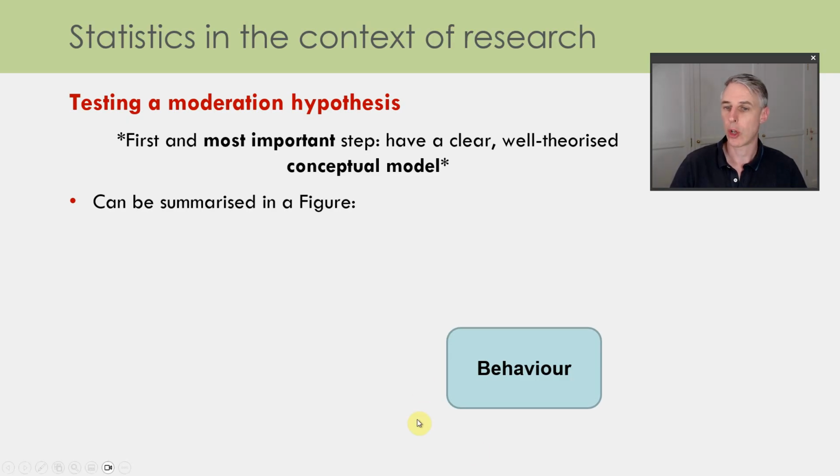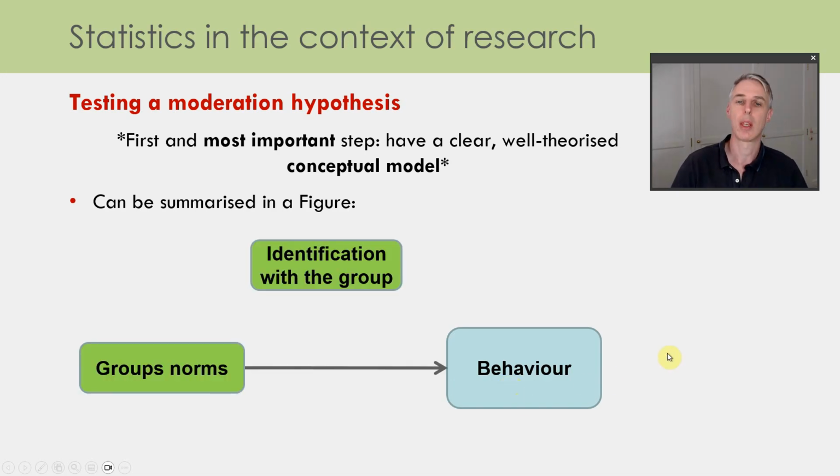So here we might have an outcome variable, behavior, or in this case, behavioral intentions. And we've got a predictor variable, group norms, which we expect will, one way or another, predict or affect the outcome variable. But we've got a second predictor variable here, a potential moderator, identification. And to represent a moderation hypothesis or an interaction effect schematically, we tend to do it as follows.